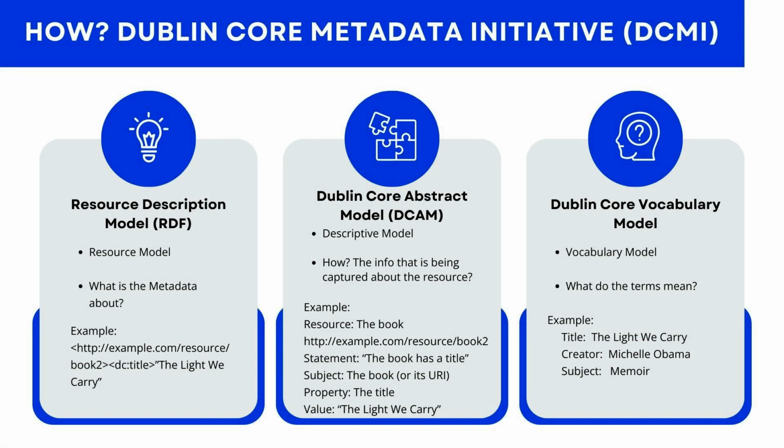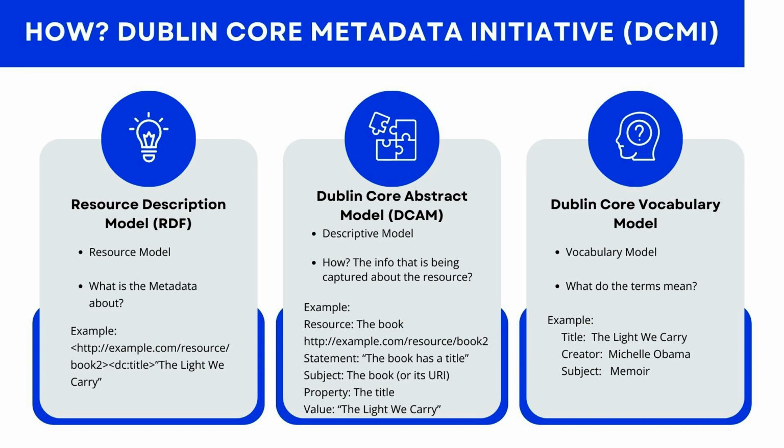The Dublin Core Metadata Initiative, or the DCMI, comprises three essential models of metadata principles: the resource model, the descriptive model, and the vocabulary model, which collectively guide the implementation process by offering a structured framework. The resource model, expressed in RDF, focuses on determining what the metadata is about.